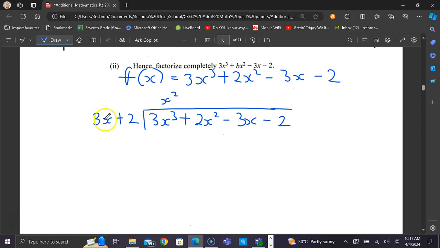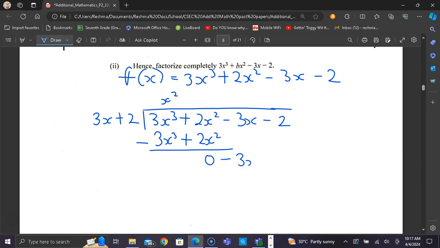X squared by 3x is 3x cubed. And x squared by 2 is 2x squared. Okay, so we subtract. So 3x cubed minus 3x cubed is 0. 2x squared minus 2x squared is 0.